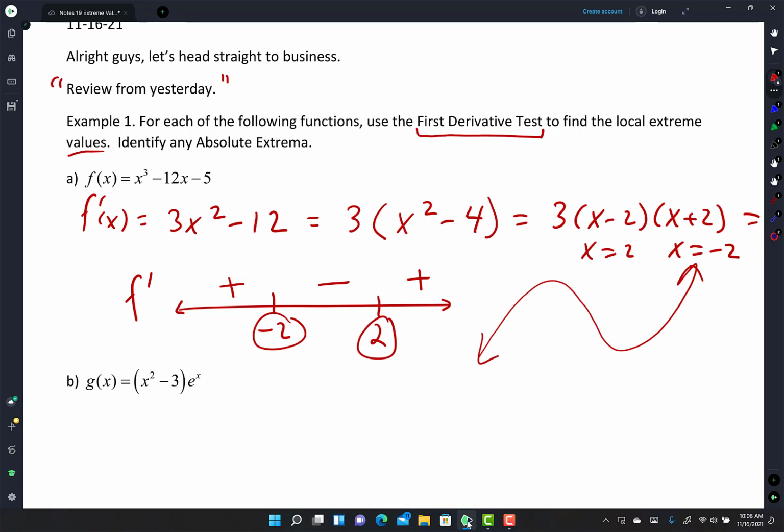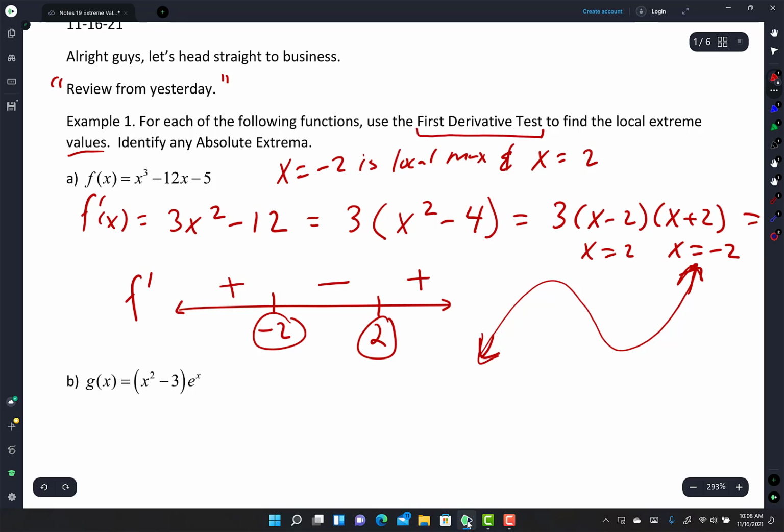Min. Are these absolute or just local? Just local, because it goes up forever and it goes down forever. So I'm going to write x equals negative 2 is a local max, and x equals 2 is a local min.